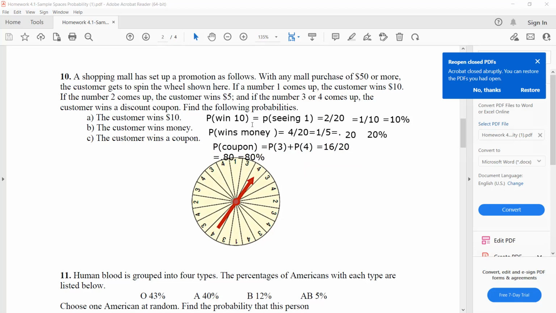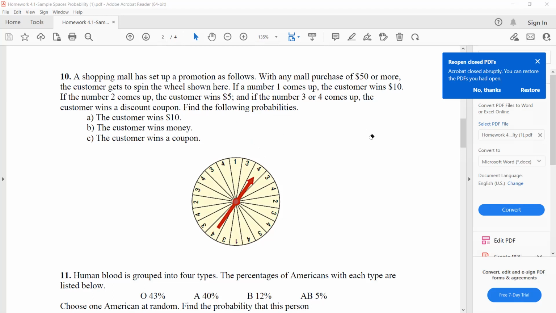Let's take a look at number 11. Is it okay if I get rid of the comments on the screen? Okay, let's continue.